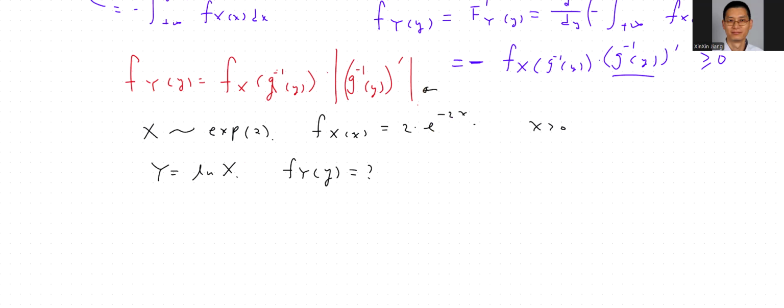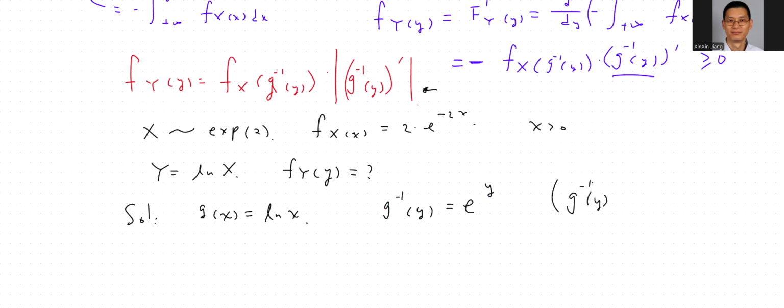The function g of little x is log of x. So g inverse of y would be e to the y. The inverse of log is the exponential function. So the derivative of this inverse function is just e to the y.